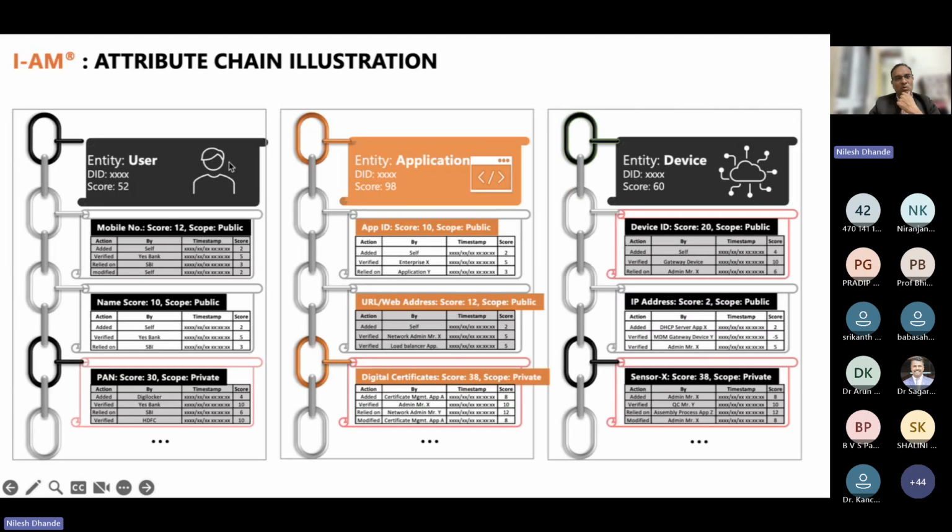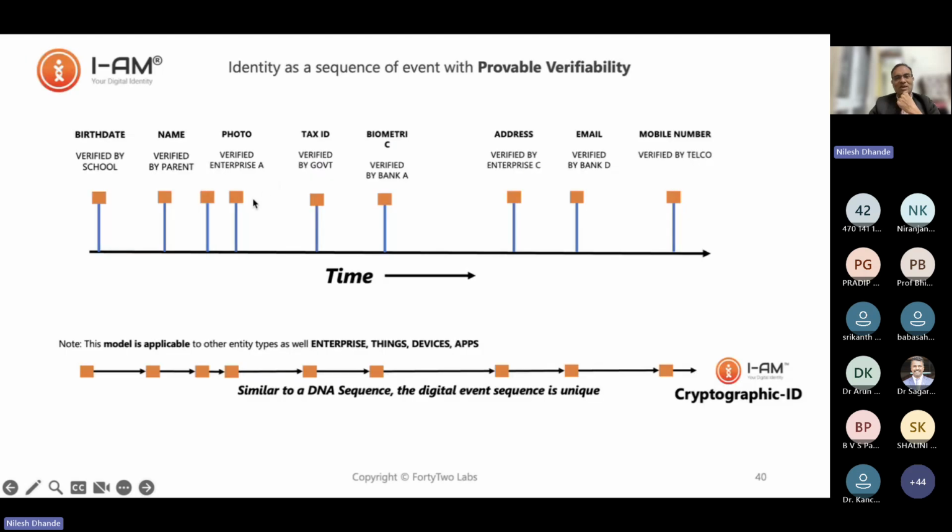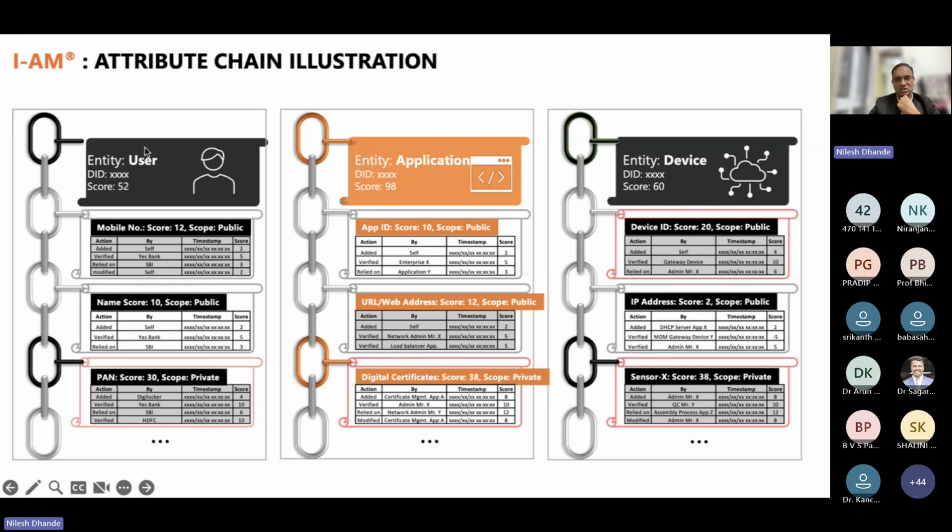Now, this is not only available for humans, you can make it available to users, applications, and even devices. That means you can create a single cryptographic object out of all of this and create an identity fabric to deliver an identity to everything and everybody, to actually achieve the holy grail of cybersecurity.